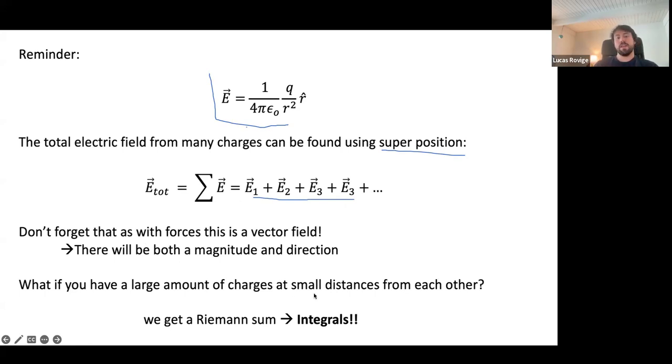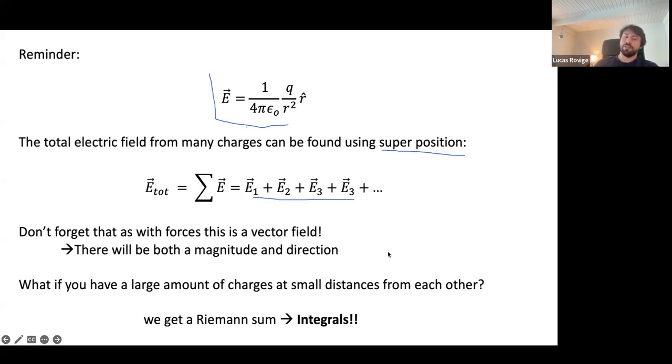But now let's say that, instead of having 5 or 6 charges, we're going to have, as in real life, just a massive amount of charge that are very close together, and we're starting to get toward a situation where it's more like continuous, even though it's made of tiny parts. Charges are still in chunks of at least an electron, which is the minimum charge.